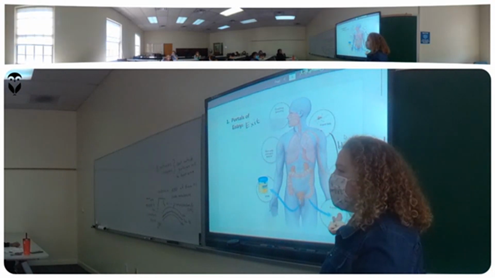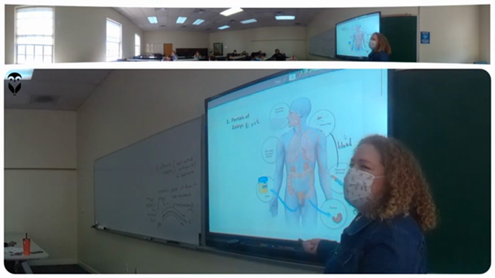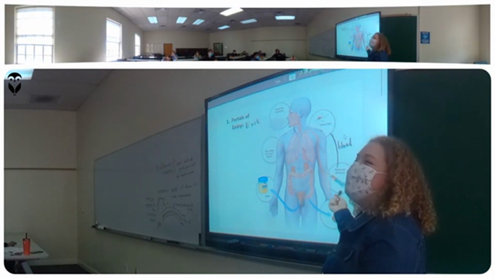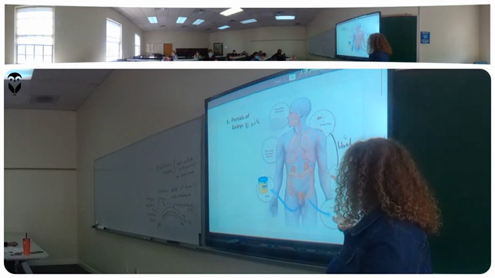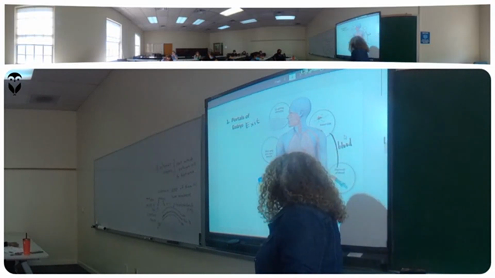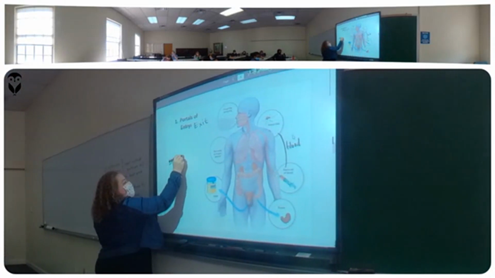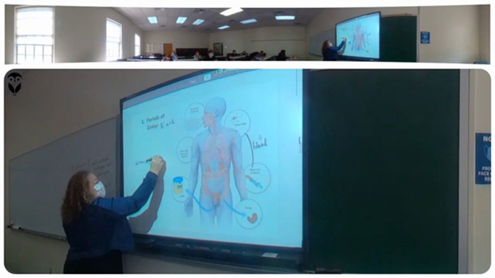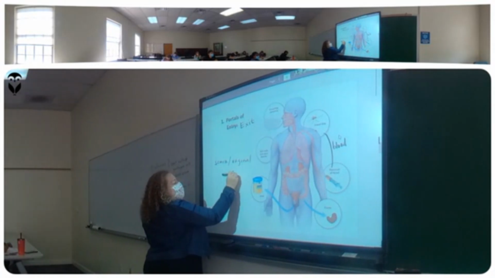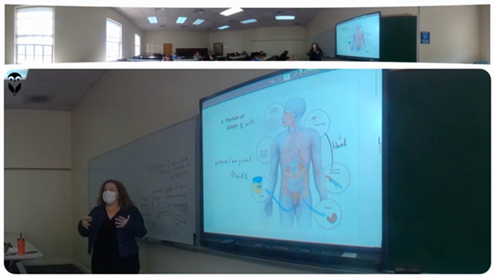Feces is a portal of exit and hardly ever a portal of entry. We'll come back to that later. Yeah. We'll come back to that like later today or Friday. But and then the other one would be semen and vaginal fluids, which they don't have up here, but that's a pretty big category of portal of exit.